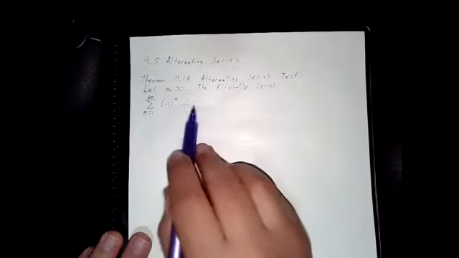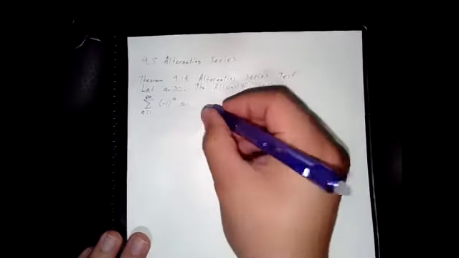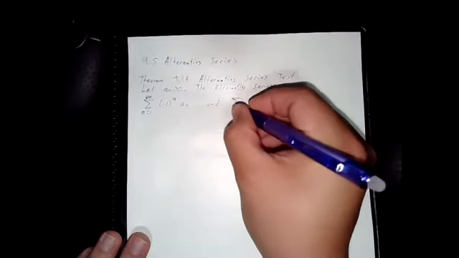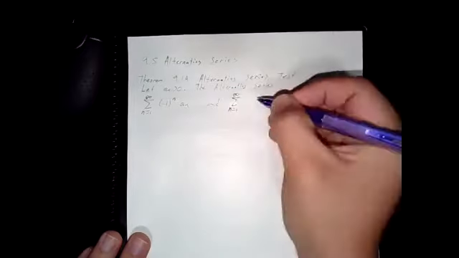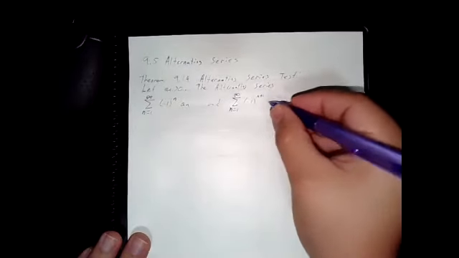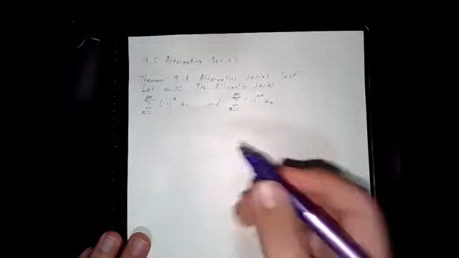So this piece right here is what makes it alternate. This is just some sequence, right? So some alternating series, and so these types will converge under these conditions.